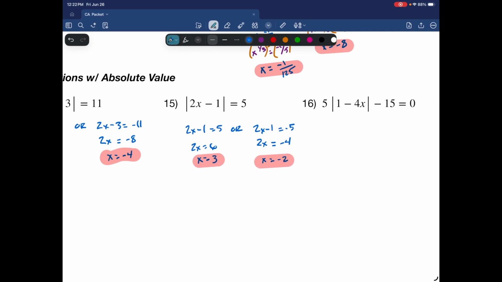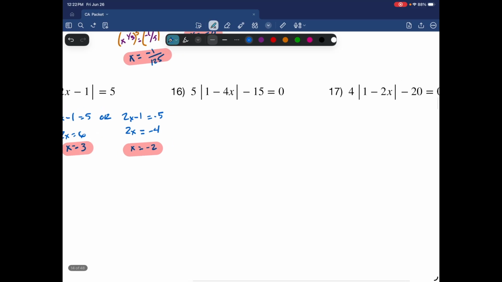Before you can do what we just did on 14 and 15, you have to get the absolute value by itself. So on 16, we got 5 times the absolute value of 1 minus 4x equals positive 15, and then divide by 5. So you got 1 minus 4x inside equals 3. And now I can do what I just did.